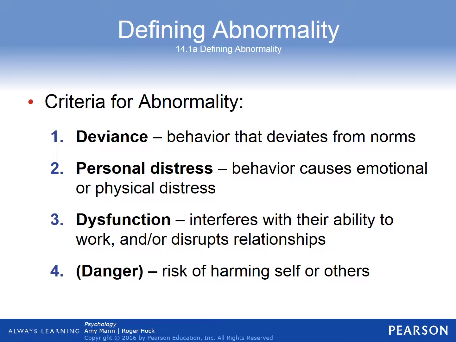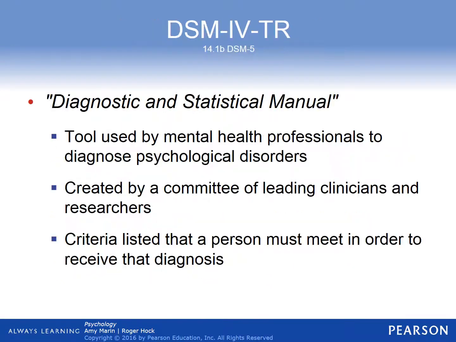So look at these 3 or 4 Ds and keep those in mind as we look at some videos in our discussions, as we look at examples of people with these disorders, and as you do your own research for your PowerPoint presentations about the disorders, keeping in mind these criteria.